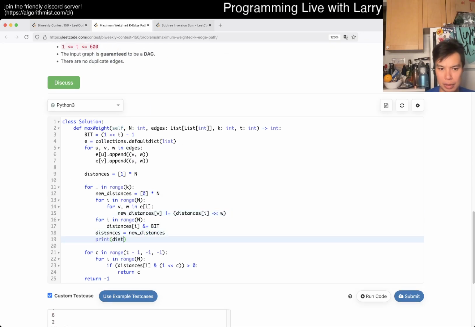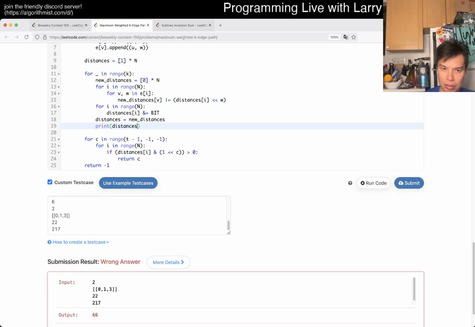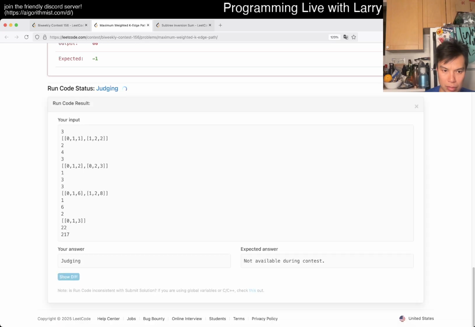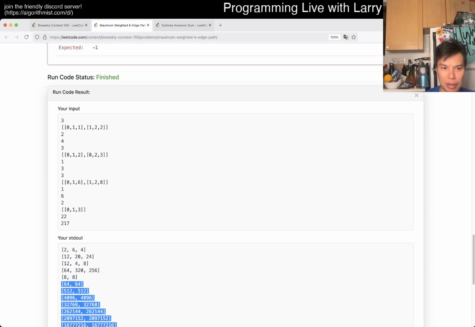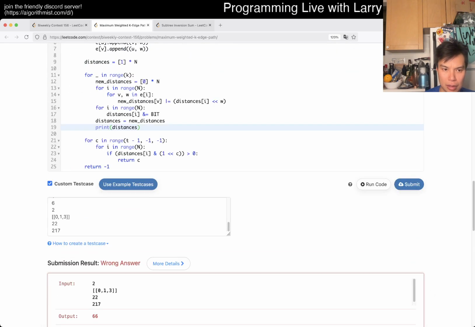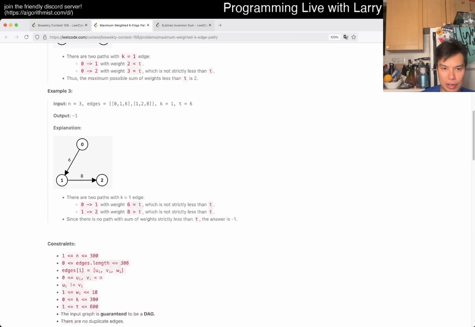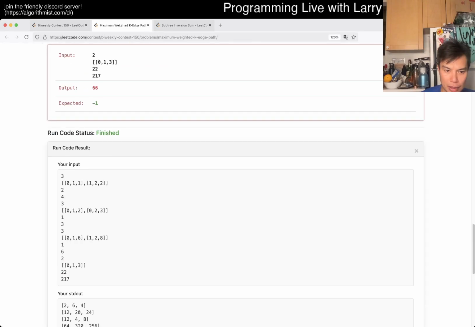Should be zeroed out. That's definitely not what I would expect. Actually, 66. From 0 to 1 with a rate of 3. So that's how you get to 8. And we want 22 steps or something. So that definitely shouldn't be right.